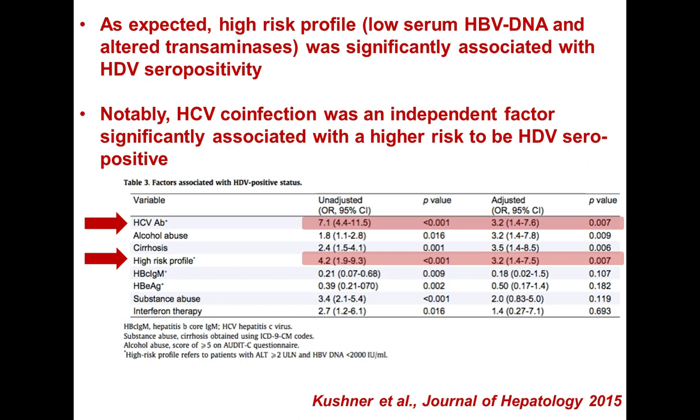As expected, the so-called high-risk profile, defined as low serum HBV DNA and abnormal transaminases, was significantly associated with HDV seropositivity. Notably, HCV co-infection was another independent factor significantly associated with a higher risk of being HDV seropositive.